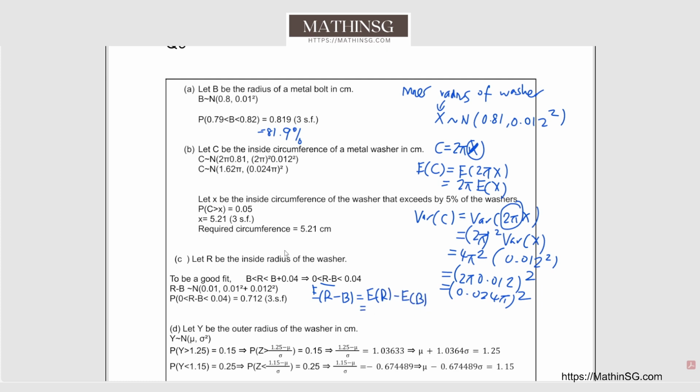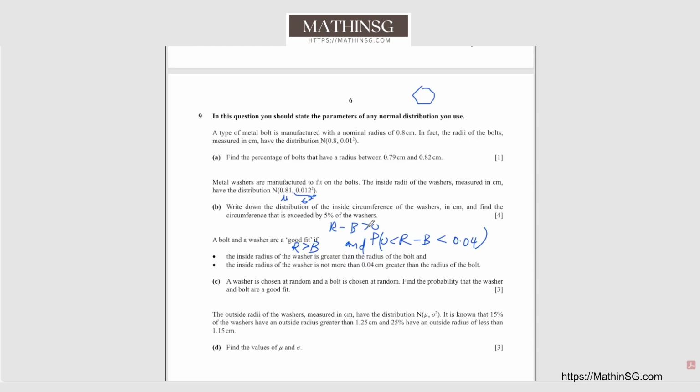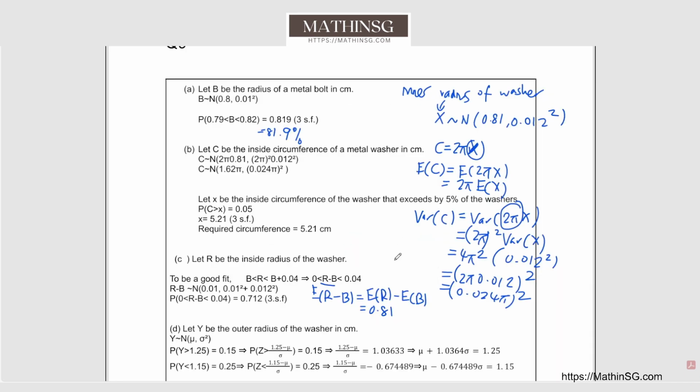The expected value of the inside radius of the washer is simply 0.81, given in the question here. And the expected value of the radius of the metal bolt is 0.8, which is given here. And that is how I got 0.01 here. Next, to find the variance of R minus B, it will be equal to the variance of R plus the variance of B.